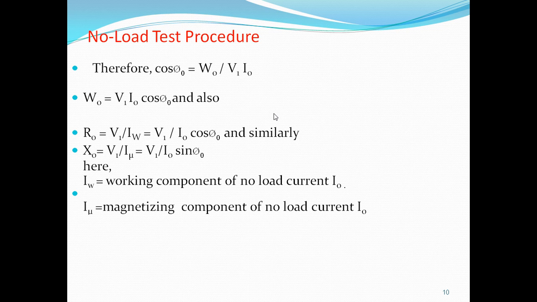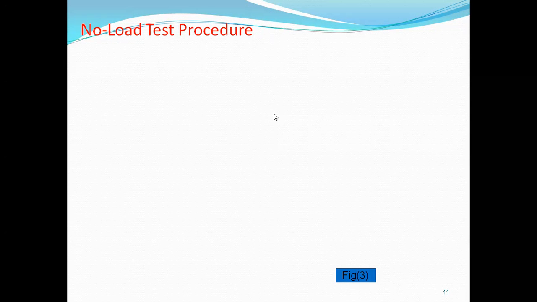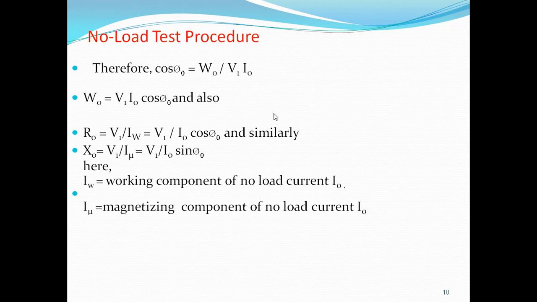Note down this. How you can get IW, I mu, R naught, X naught from the ammeter, voltmeter, and wattmeter readings. So note down this I mu, IW, R naught, X naught.